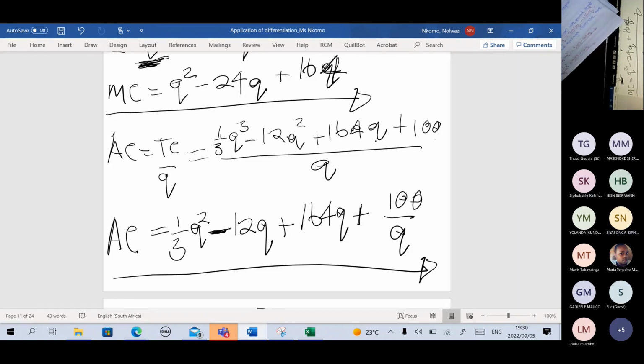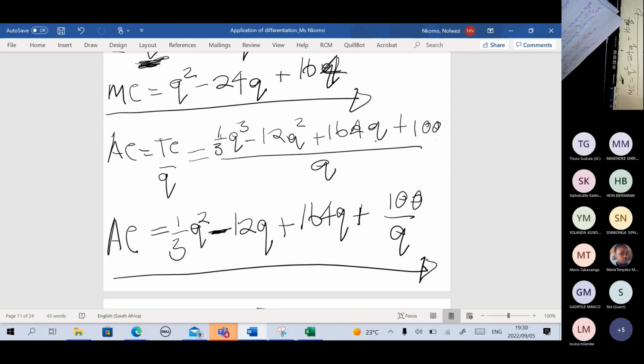A constant divided by Q is not 0. But the derivative of a constant with respect to Q is 0, or the derivative of a constant with respect to any variable is 0. Like when you are differentiating a constant.